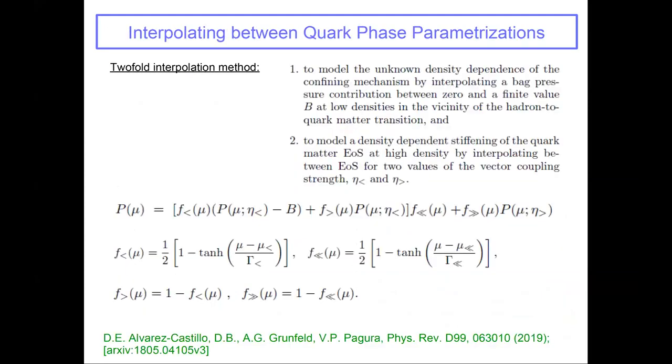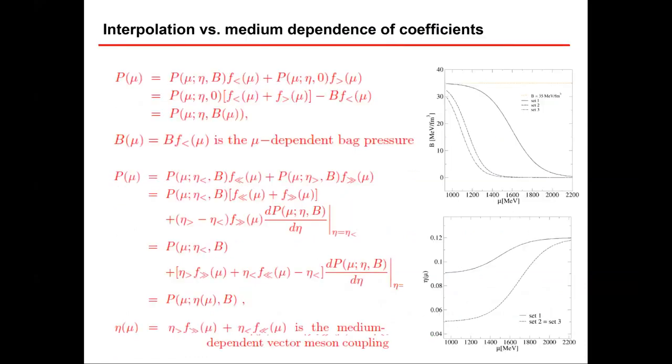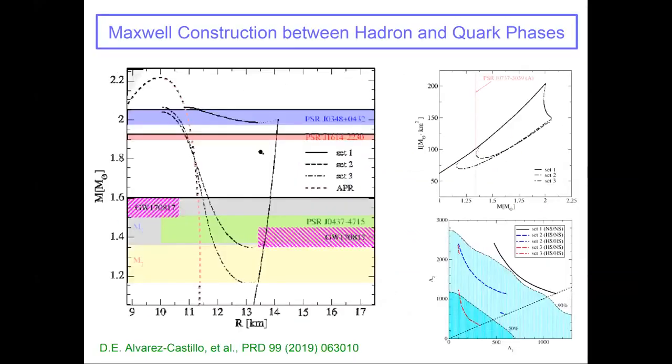Here we used interpolation to mimic the string-flip equation. We will not go very much into the details. With this interpolated quark-matter equation of state, on the basis of the collaboration with the Argentinian group, we can reproduce the same behavior of mass-radius relations of hybrid stars with the third family as in the string-flip model. So this non-local chiral quark model is capable of reproducing the density functional approach.